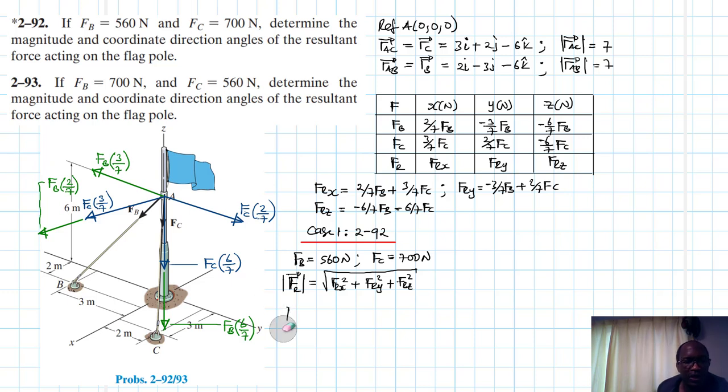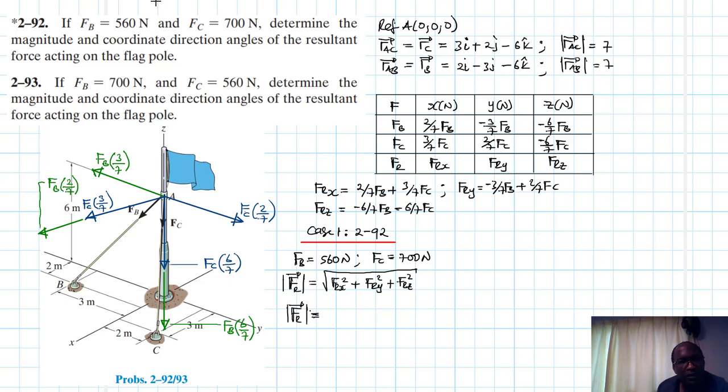So plug in these values of FB. So say FR magnitude is just going to be equal to, let's plug in, let me move it a little bit, maybe somewhere here. Let's plug in.